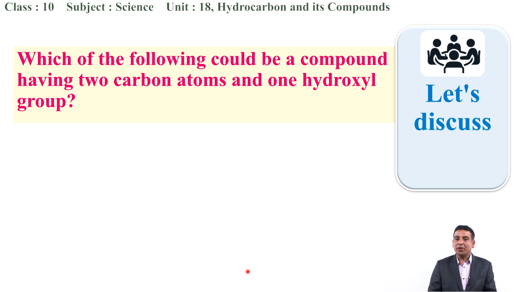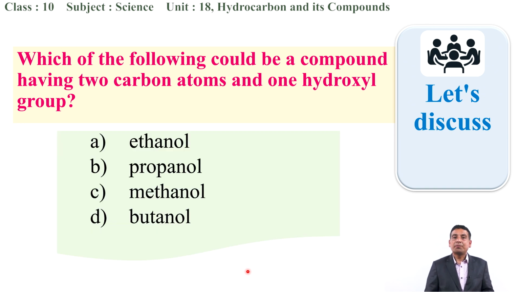Which of the following could be a compound having 2 carbon atoms and 1 hydroxyl group? By the name of the alcohol, you have to identify the one that contains 2 carbon atoms and a hydroxyl group. To represent 2 carbon atoms, which prefix is used? Is it but?